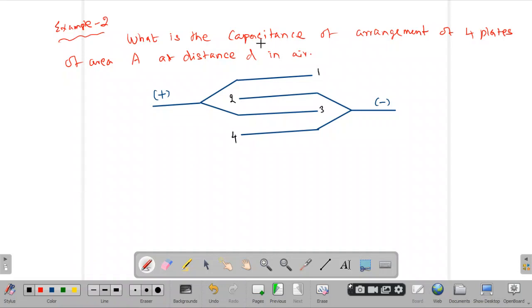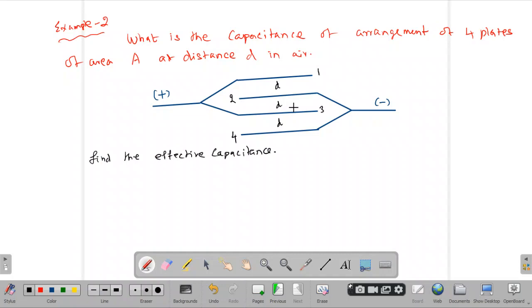And the question, what is the effective capacitance? Find the effective or equivalent capacitance. So dear student, what is each separation? Each separation D. Okay.